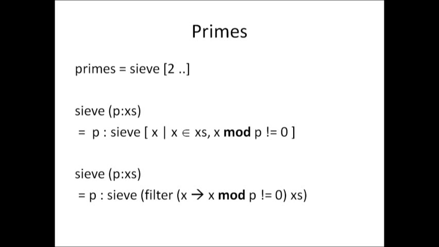And here's the code. We say sieve of the infinite list starting at 2. And what is that sieve thing? Well, that's exactly what we said: we look at this list, we take the first number as the prime number, and then we recursively apply sieve to the list where we throw out all the numbers that are divisible by the prime number.